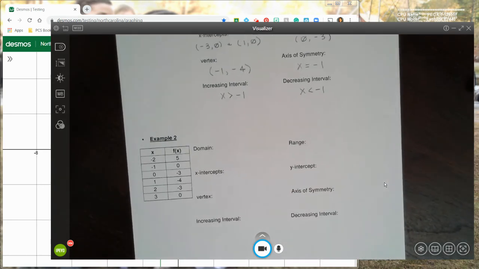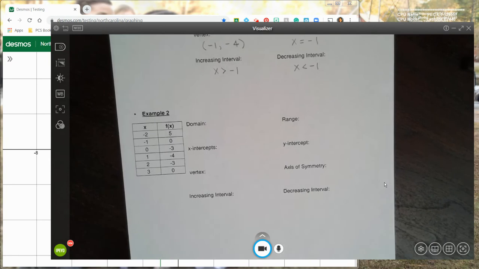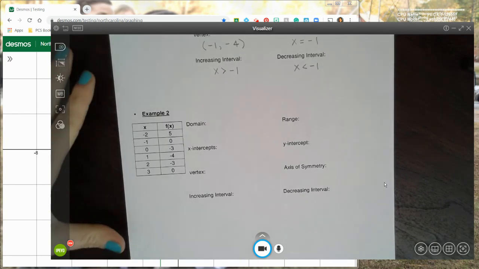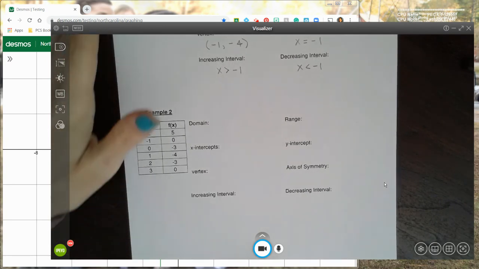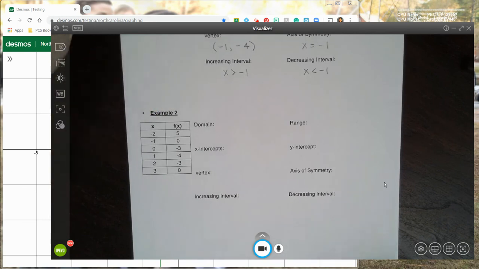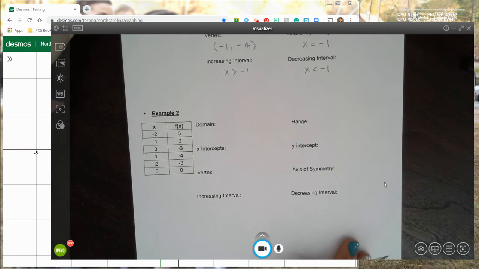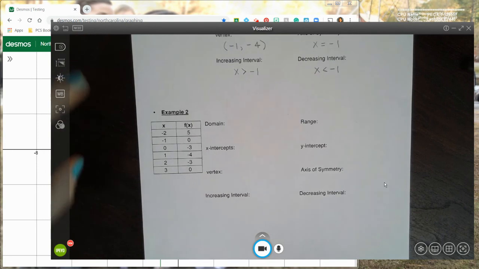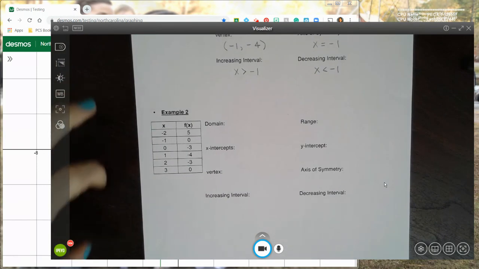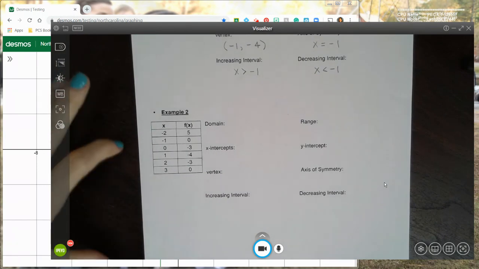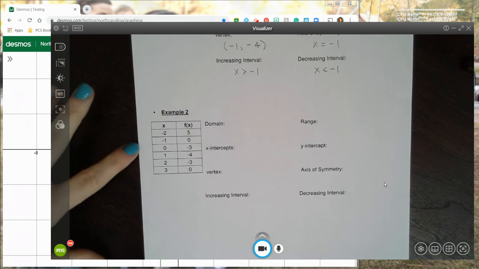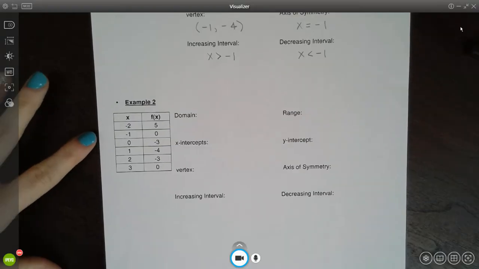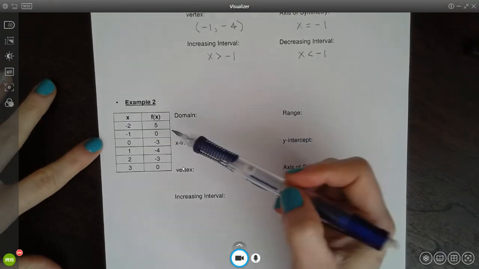Now with example 2, I did give you a table because we do need to be comfortable looking at tables and at graphs. So the first thing that I do when I'm looking at a table is I need to double check and make sure this actually is a quadratic function and represents a parabola. And the way I'm going to do that is I'm going to look at my y values.